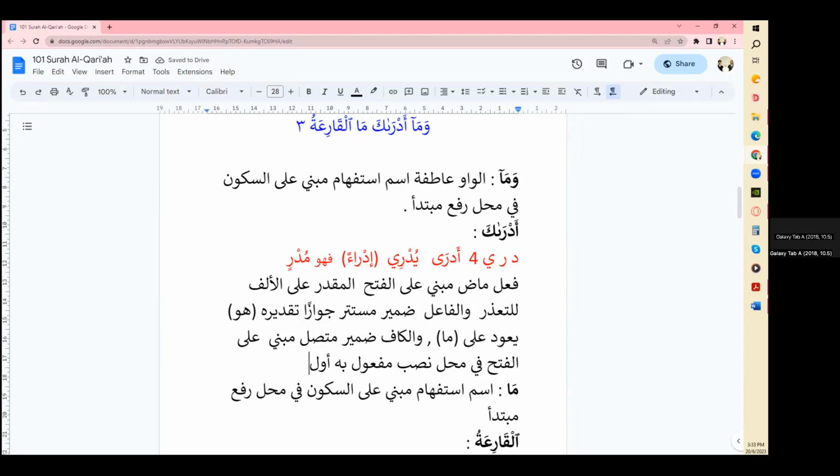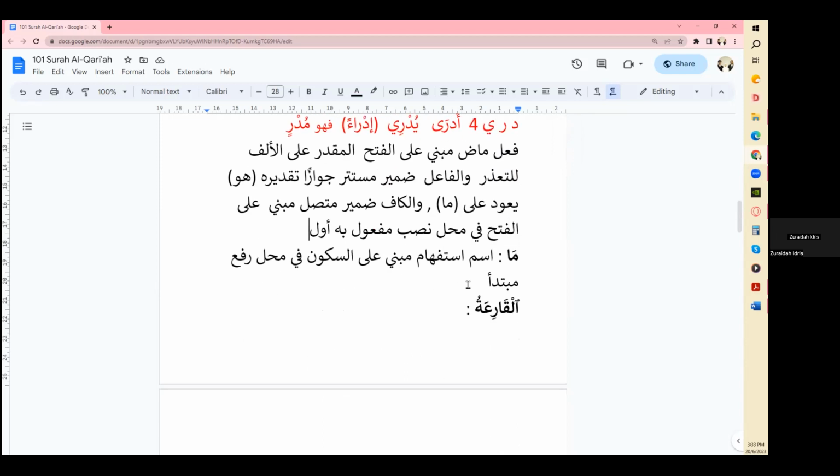I don't know. That's why it's more adventurous when we are doing it on the wall. So let's not look at ma as a maf'ul. We look at the whole combination. So this now is what? This is of course the same thing as before, right? The khabar, even though it's ma'rifah.